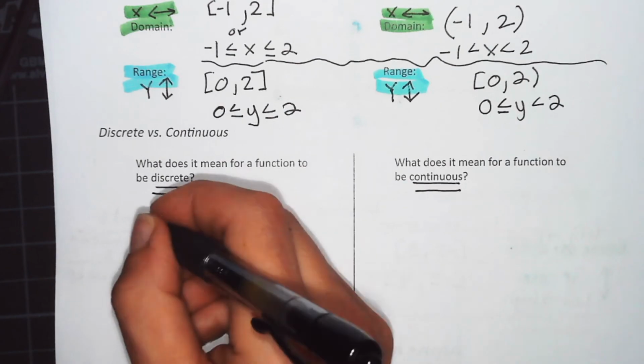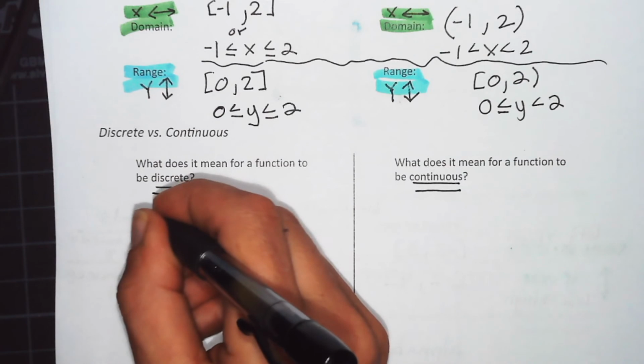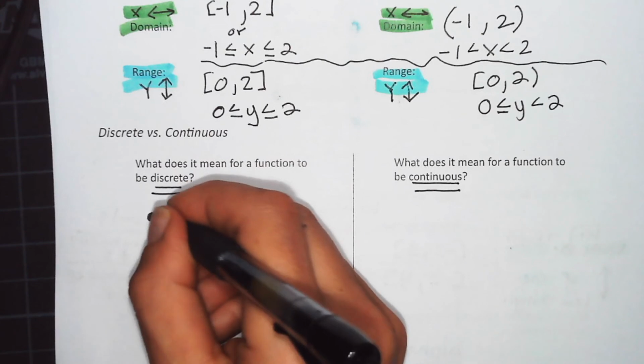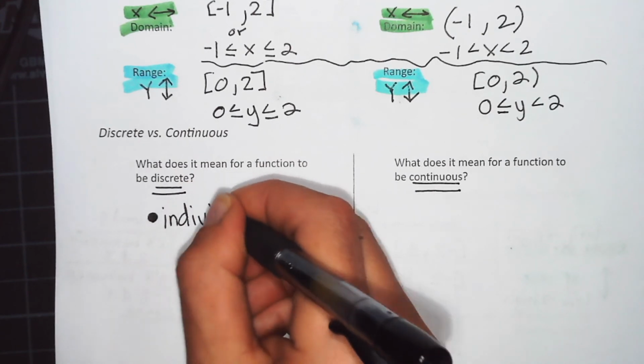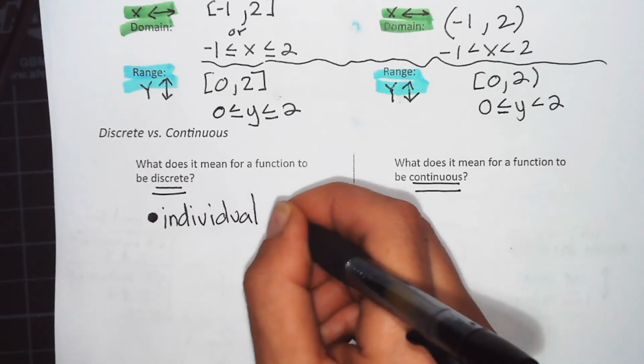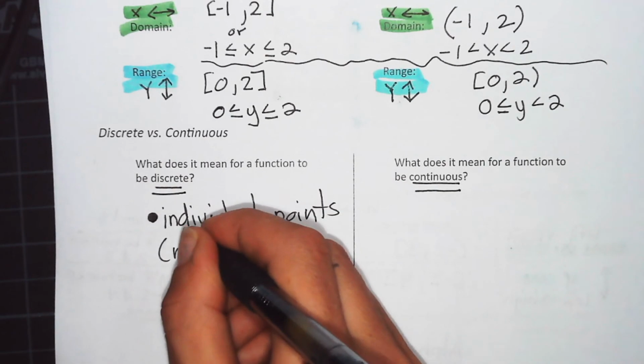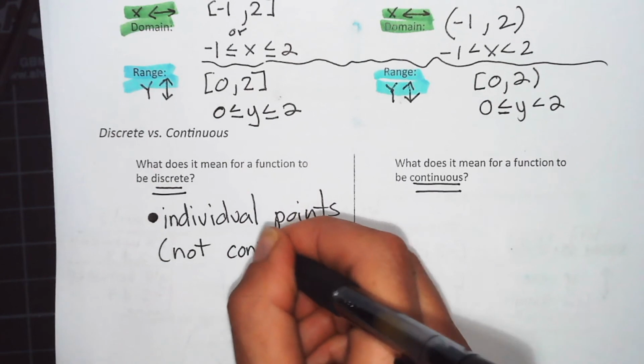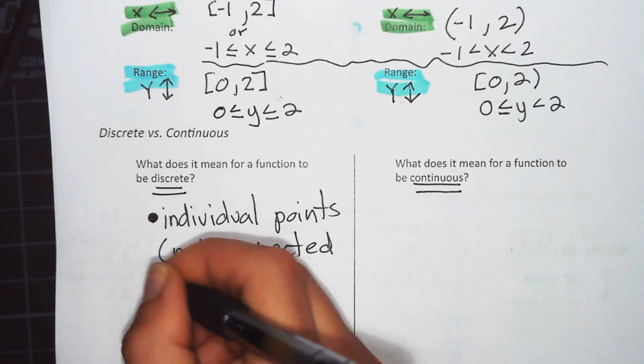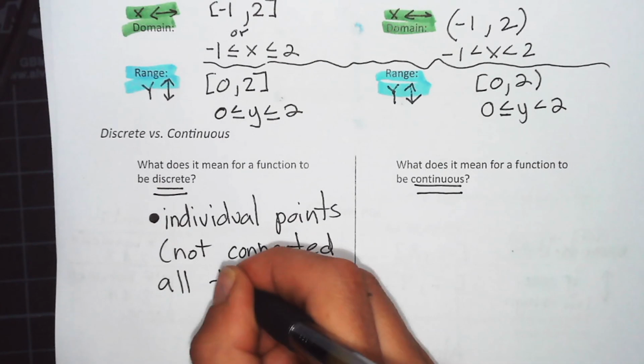So a discrete graph, a discrete function, means you're looking at individual points. They're not connected. Or at least they're not connected all through the graph.